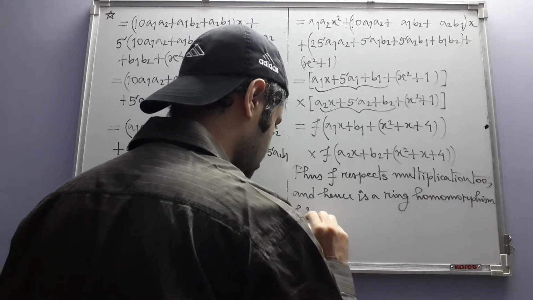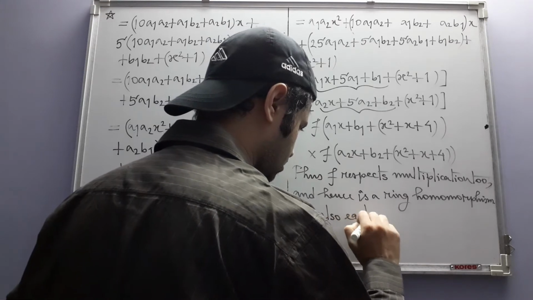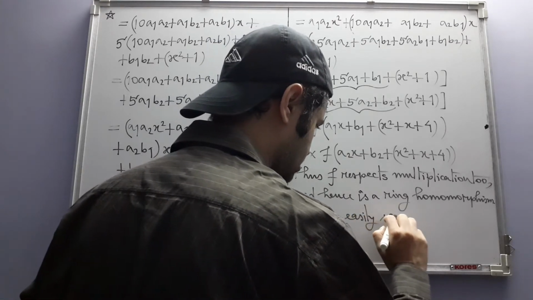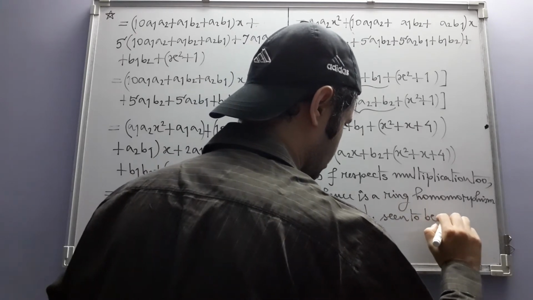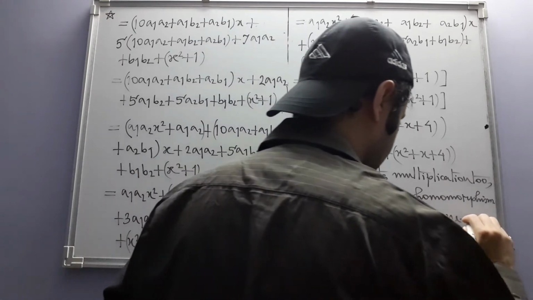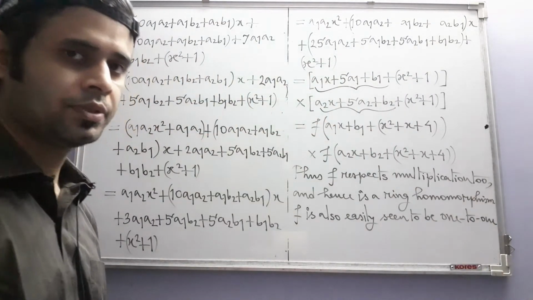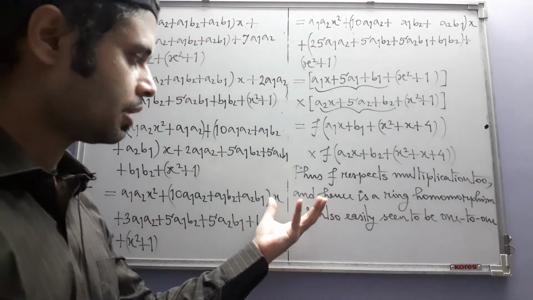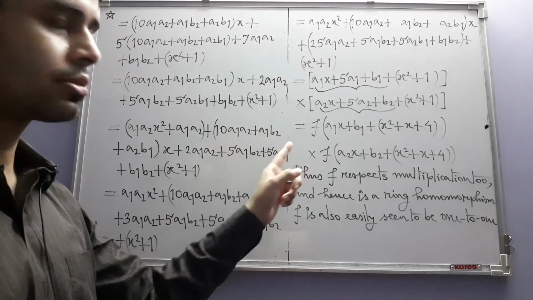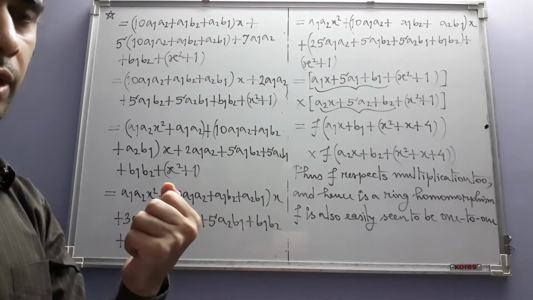F is also easily seen to be one-to-one, that is injective. Why? Because we have proved that it's a ring homomorphism. Then for injectivity you have to just show that the kernel of F consists of only the 0 element.